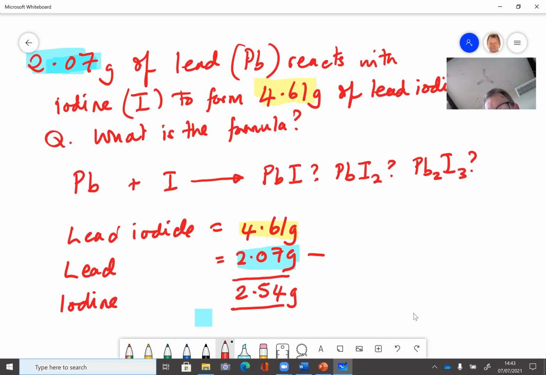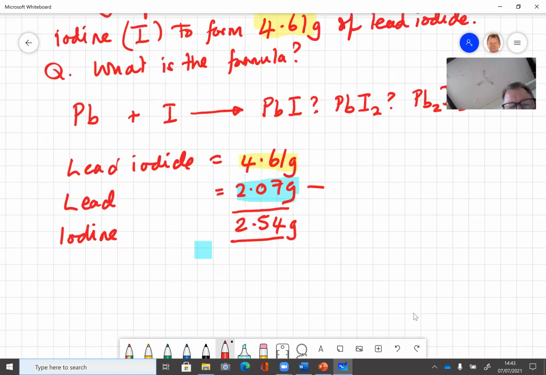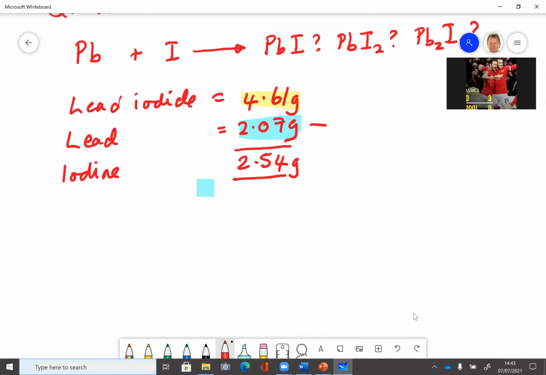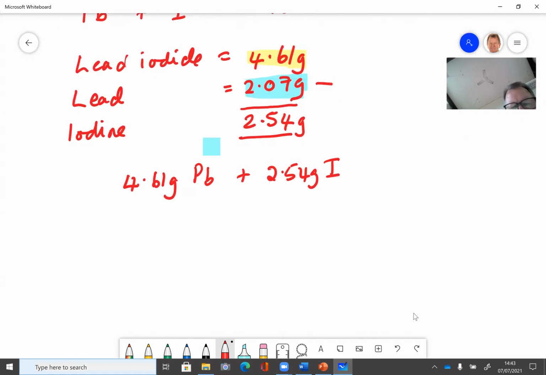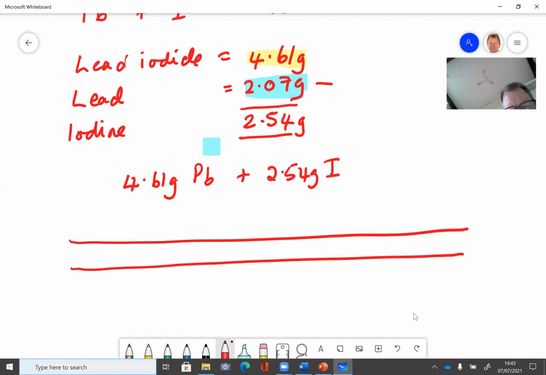Okay, so now I know that I have 2.07 grams of Pb and 2.54 grams of iodine. But there's a problem. And the problem with this is that iodine atoms weigh different from lead atoms. So what I do is this. I construct my answer like this. I tend to do it in a long line like this.